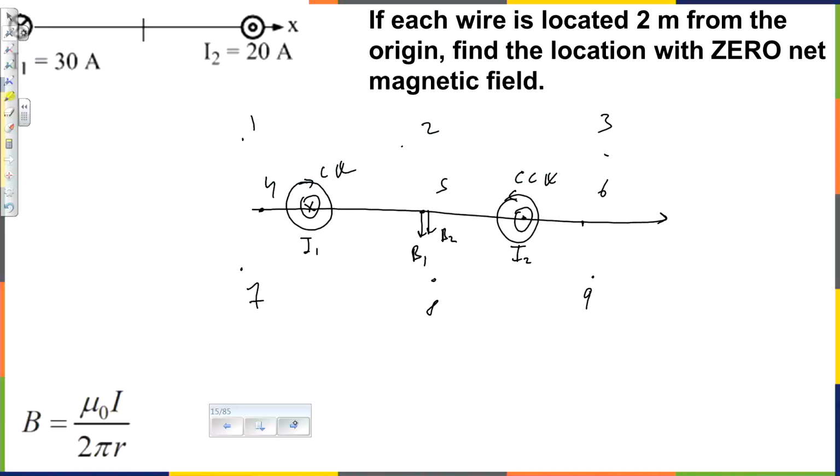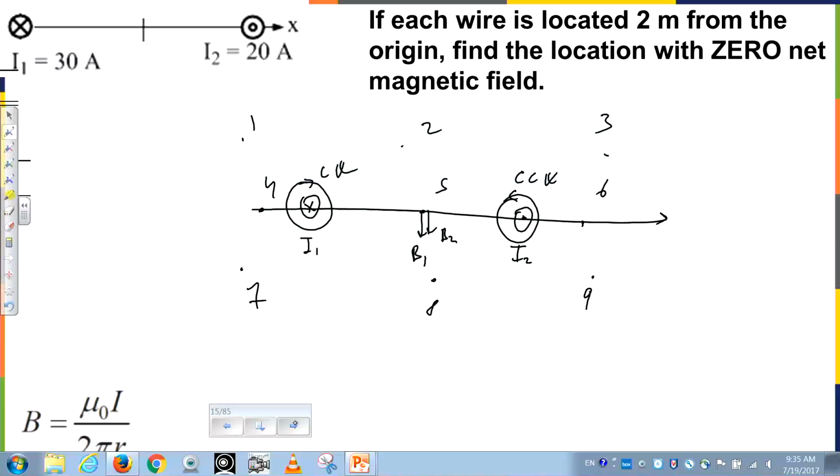So what do we say? Is it the right location? No. Current number 1 is higher, and we want to be farther away from the stronger source. So let's check 6.